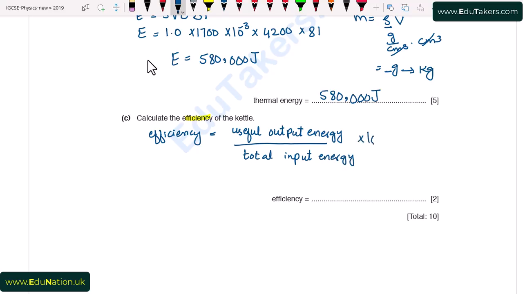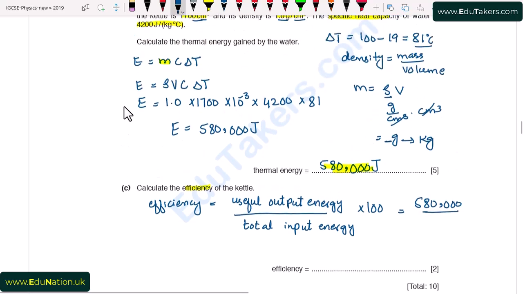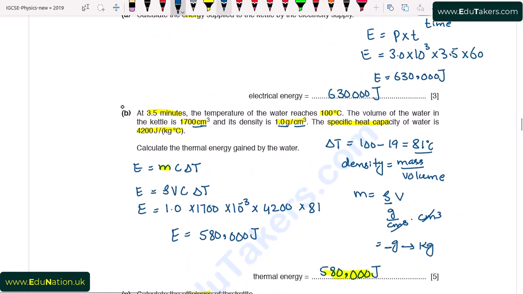multiply by 100. So the useful output energy is basically the thermal energy that we calculated here. So I put here 580,000 divided by input energy, which is the electrical energy, equal to 630,000 joule.